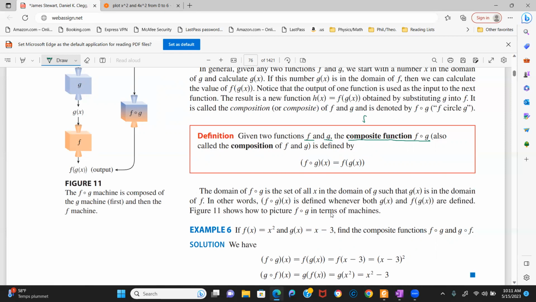This is read as f composed with g. It's called the composition of f with g, and it's defined as follows.